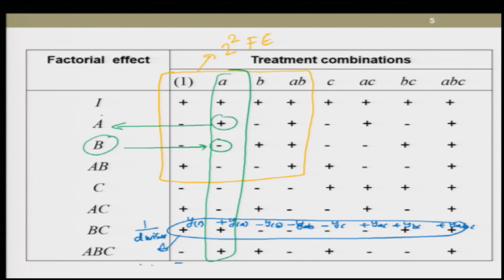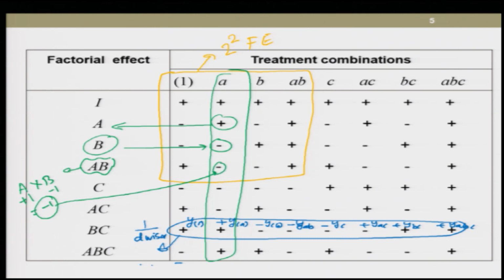Now in case I want to obtain AB, AB can be expressed as A into B. So I can find the sign of AB just by multiplying the sign of A and the sign of B. So the sign of A here is plus and the sign of B here is minus 1. So this is going to be minus 1, and this minus 1 comes over here.